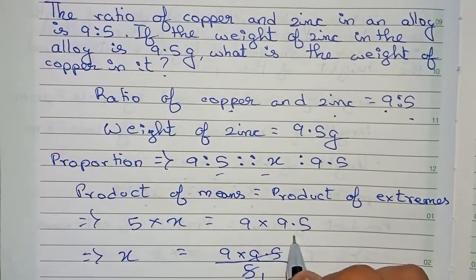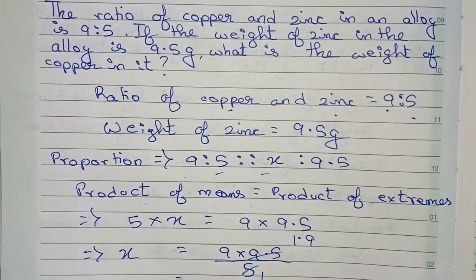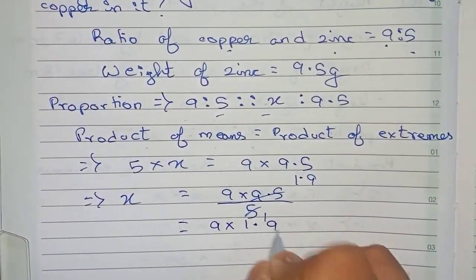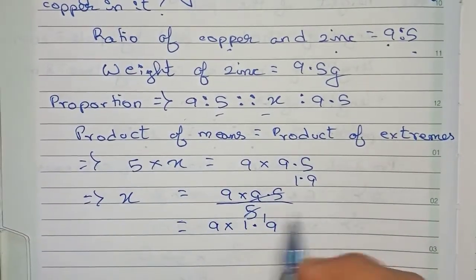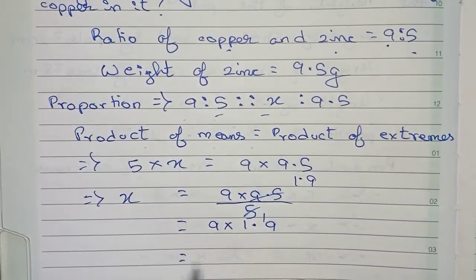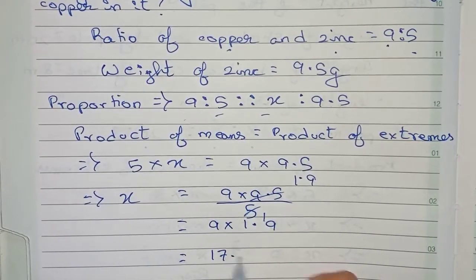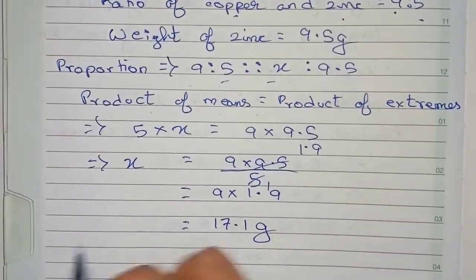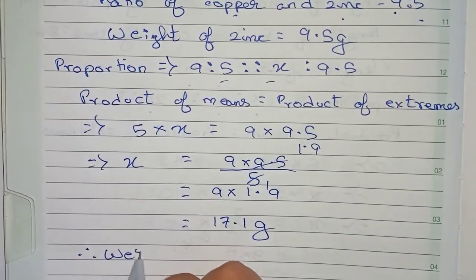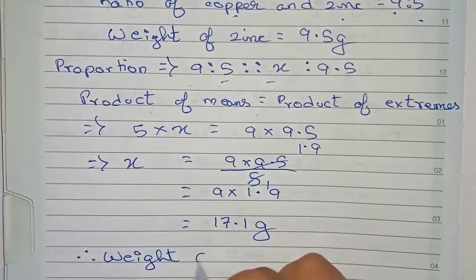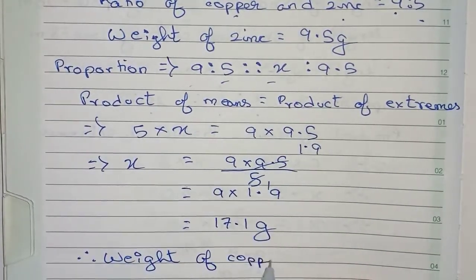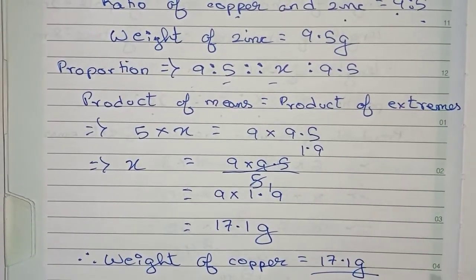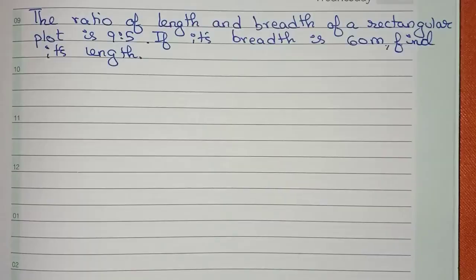It will become 1.9. So it becomes 9 into 1.9. If we multiply, you will get the weight of the copper, which will become 17.1 gram. So therefore, the weight of copper equals 17.1 gram. So this will be the final answer for this question.